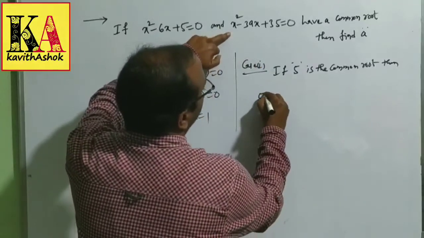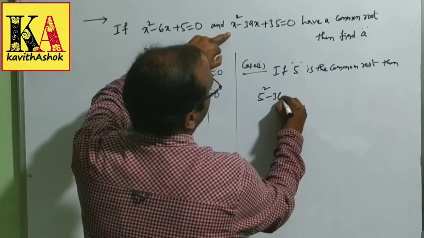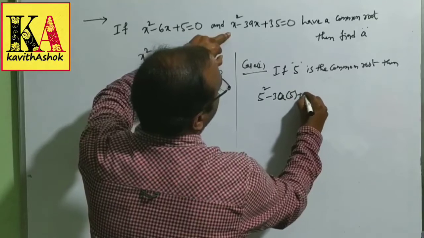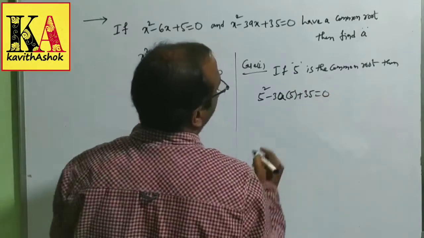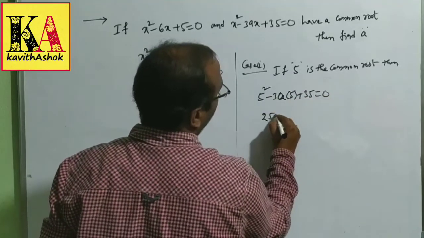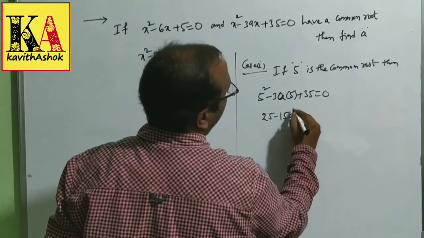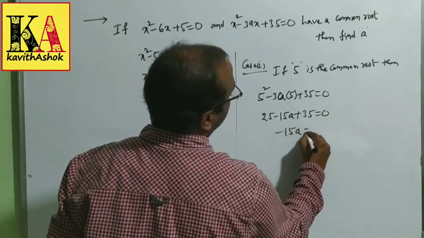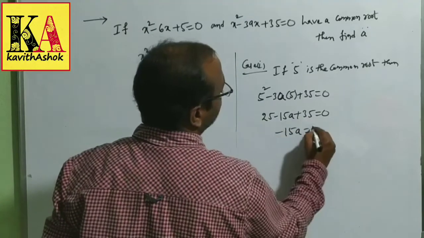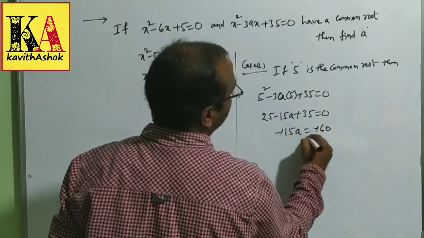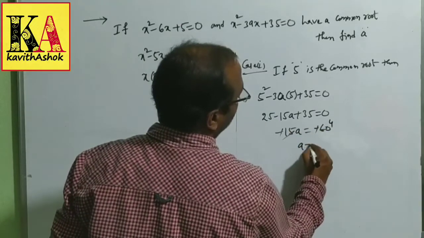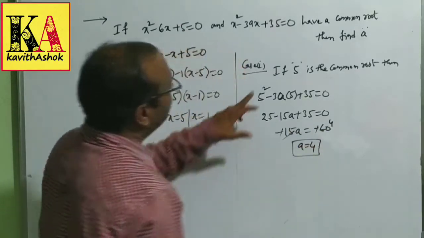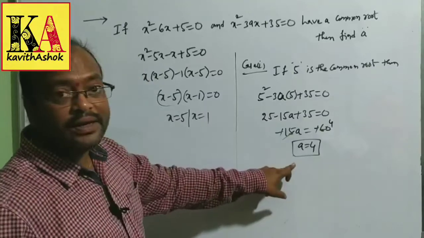We can substitute like this here. 5 square minus 3a into 5 plus 35 equal to 0. 5 square is 25 minus 15a plus 35 equal to 0. Minus 15a is equal to minus 60. Minus minus cancel. 15 times 4 is 60. A is equal to 4. If 5 is the common root, we get the value of a as 4.